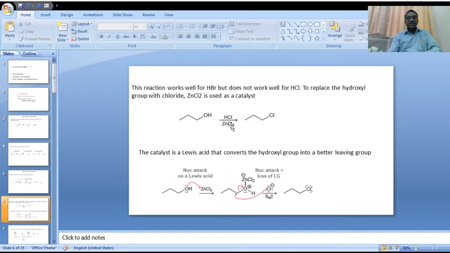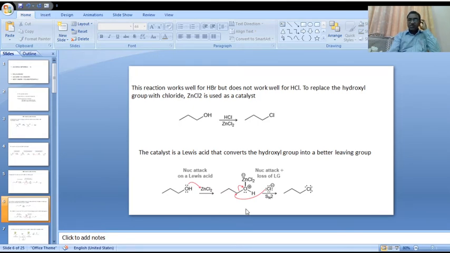This catalyst zinc chloride is a Lewis acid. Zinc chloride is a Lewis acid that converts the hydroxyl group into a better leaving group. Here please observe, this is the primary alcohol.